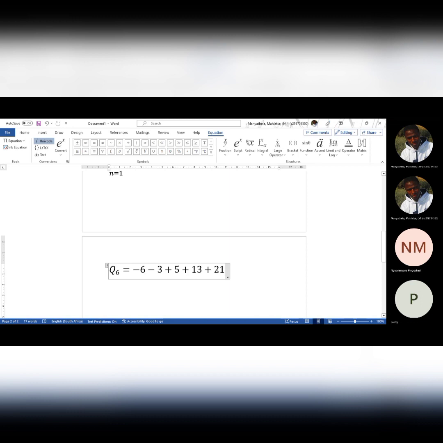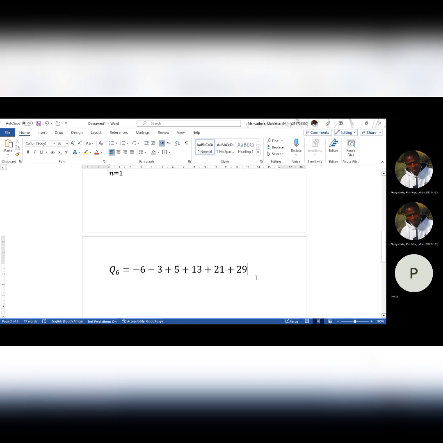Then 13 to 21, they add another 8. Okay, fine. 21 plus 8 is 29. You are finished with that for Q6.